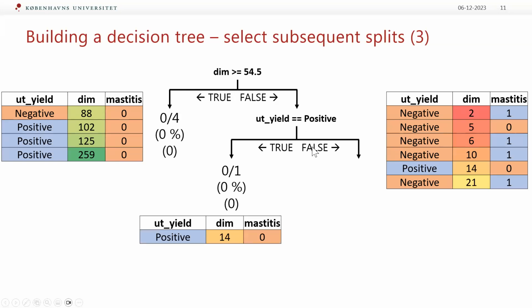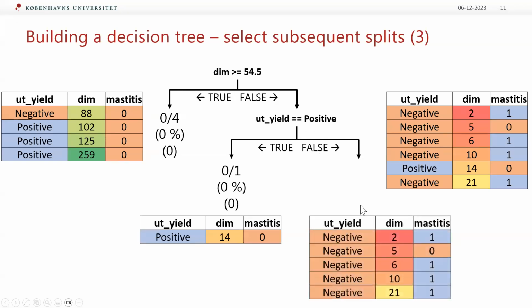In the case where this is not true, we get this subset, which again is not a pure node. So we can either try splitting it again, or we can say that we have now reached some other stopping criterion, which we will say in this case.